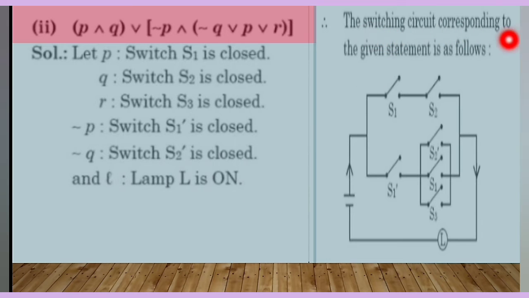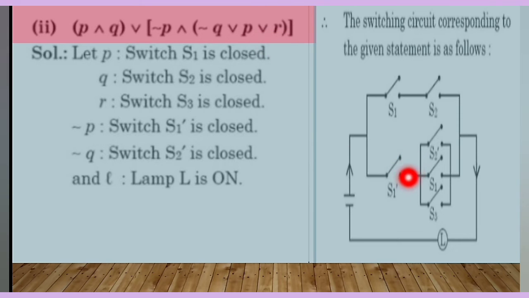The switching circuit corresponding to the given statement is as follows. See here, first P and Q: P and Q means S1 and S2. Now again these two are parallel to these switches. In the second position, negation P means S1 dash, and with S2 dash. Or S1 or S3.